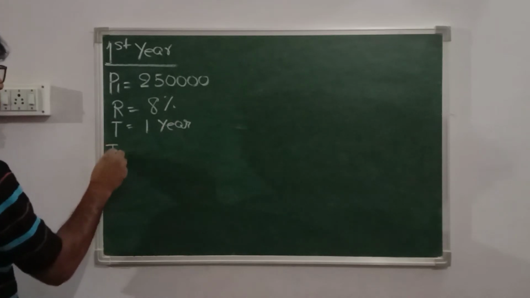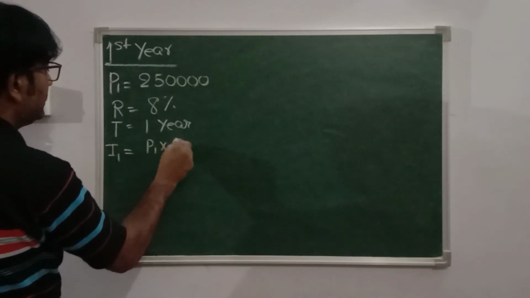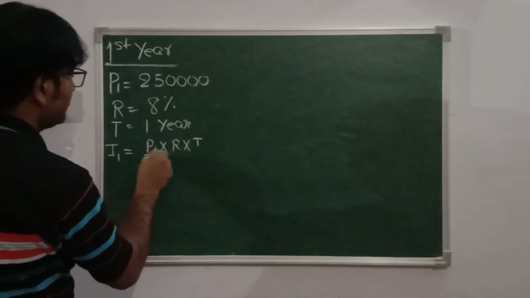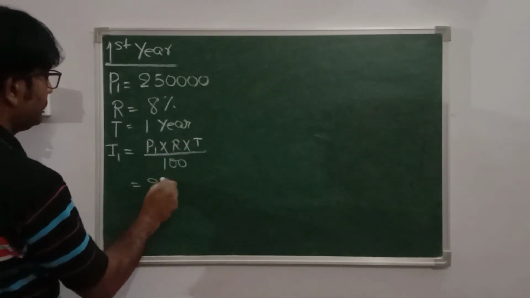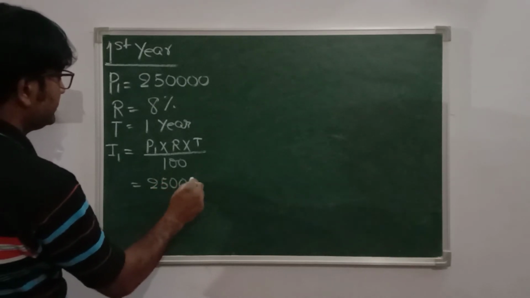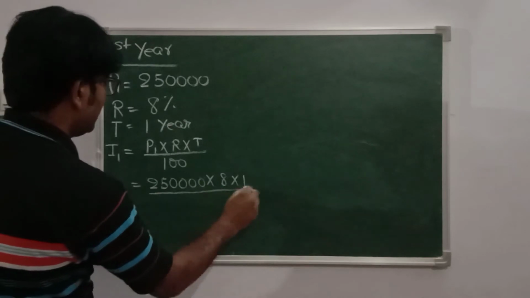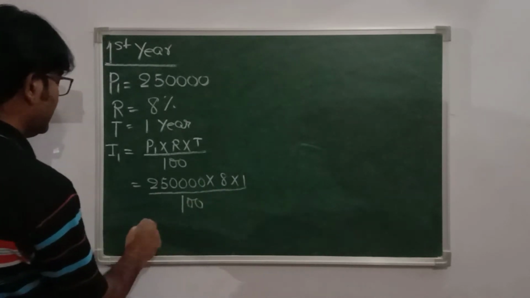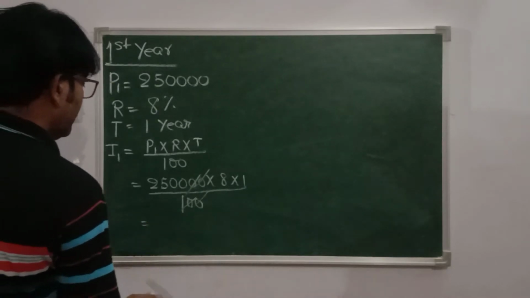So let's find the interest for the first year. So it is P1 into R into T by 100. So what is P1? 250,000 into 8 into 1 by 100. So it comes to 20,000.